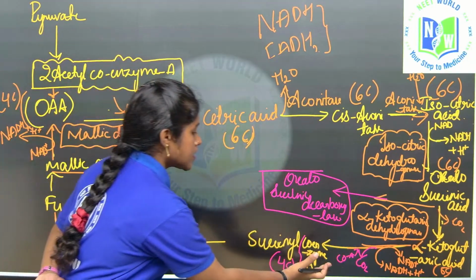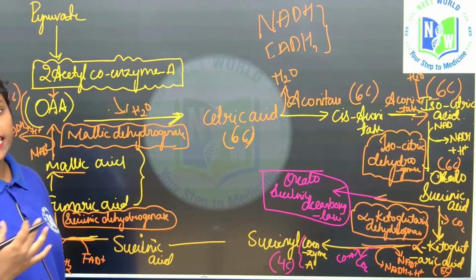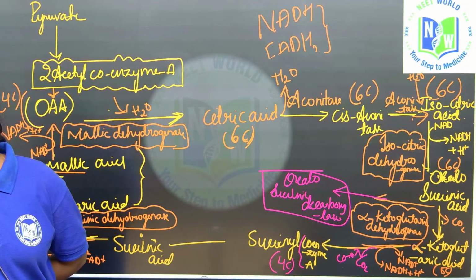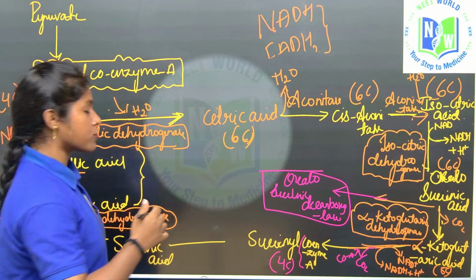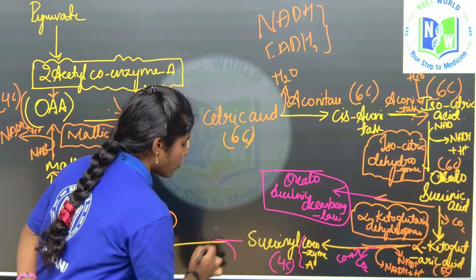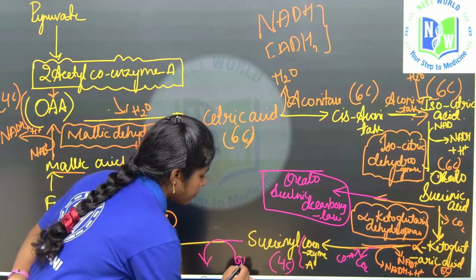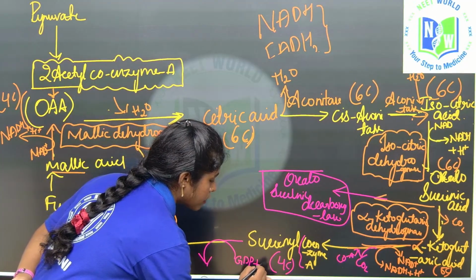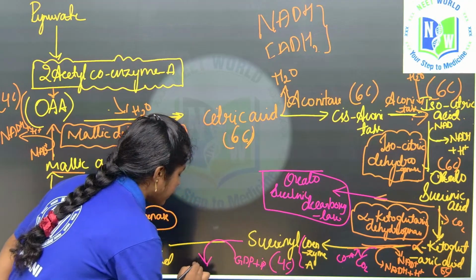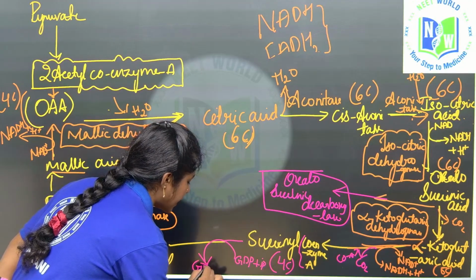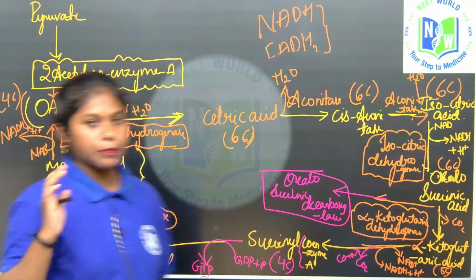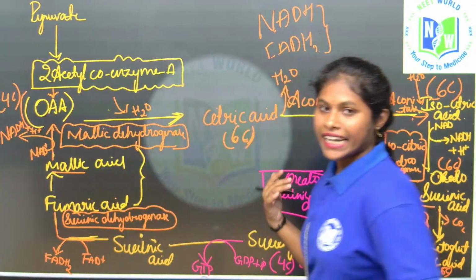Then this succinyl CoA forms the succinic acid. Here GTP is formed, which means substrate level phosphorylation is happening. GDP combines with inorganic phosphate, then it forms the GTP. GTP is nothing but ATP only. In animals GTP is formed. Okay. In plants ATP will be formed.